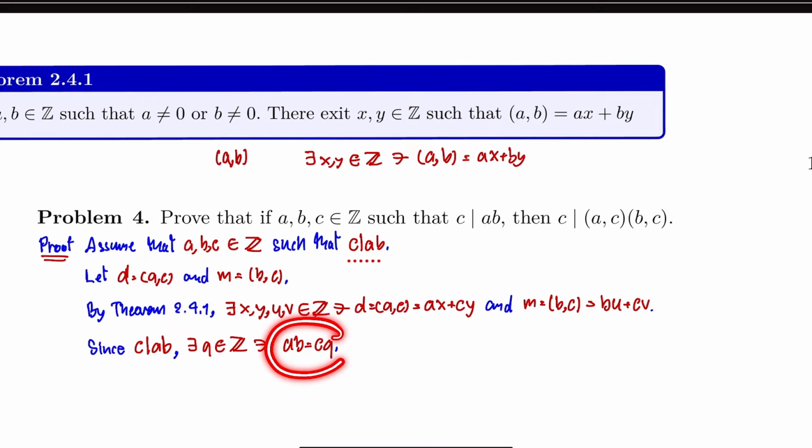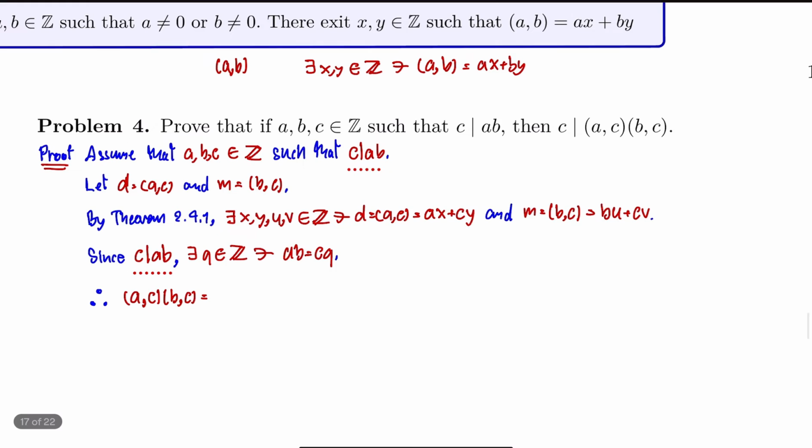Okay, so once we have this, let's try to multiply the greatest common divisor of ac and bc. What do we have right here? We have the greatest common divisor of ac times the greatest common divisor of bc. So we have (ax plus cy) times (bu plus cv).